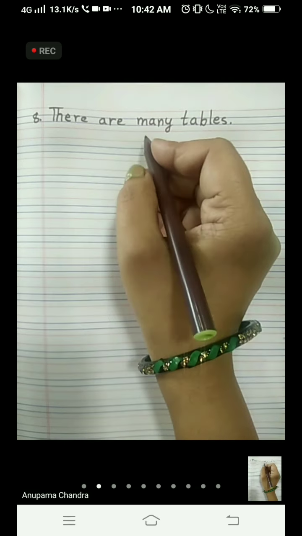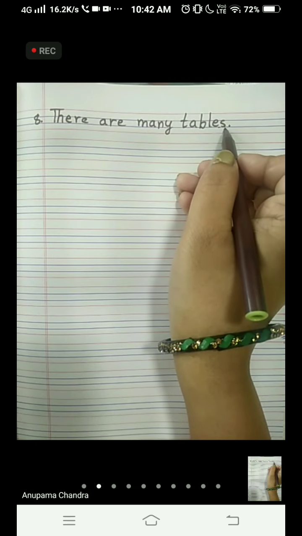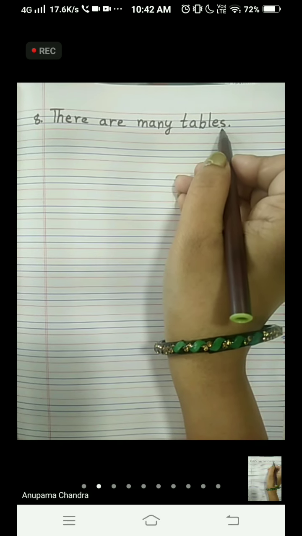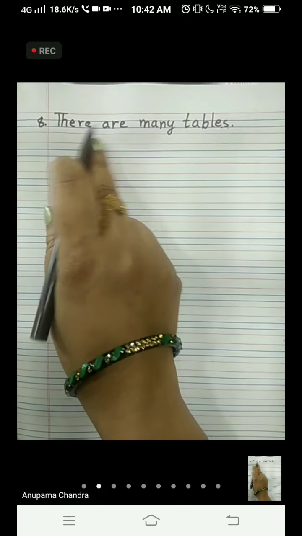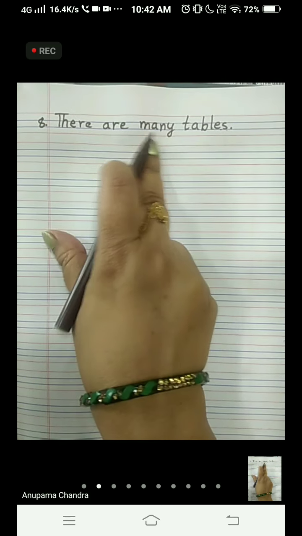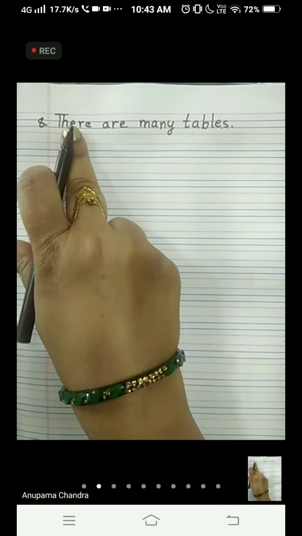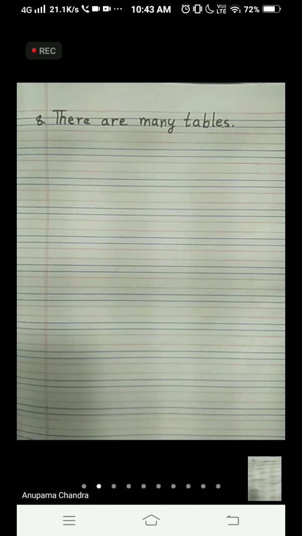Okay, so it is more than one. Many tables, that is more than one. S is also there, so it is more than one. So when we are talking about more than one thing, we have to start the sentence with there are. Okay, so there are many tables. Number 8 sentence will be, there are many tables.